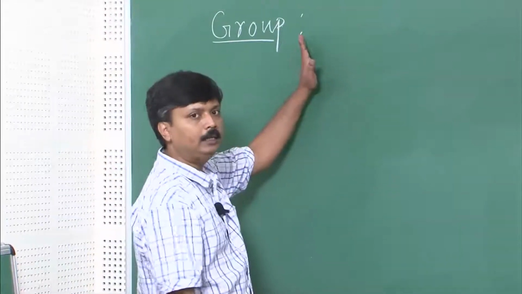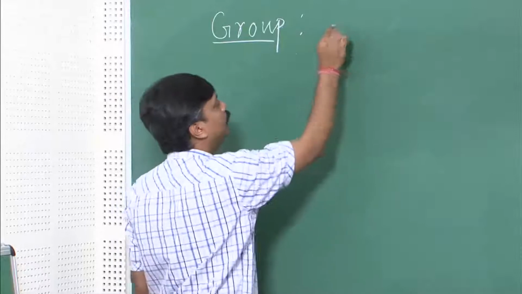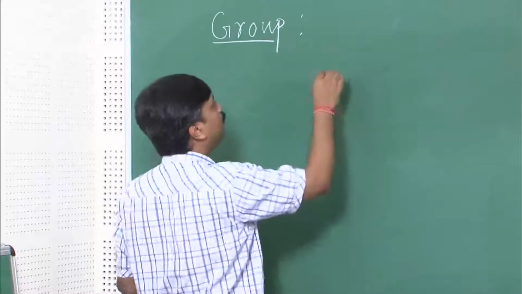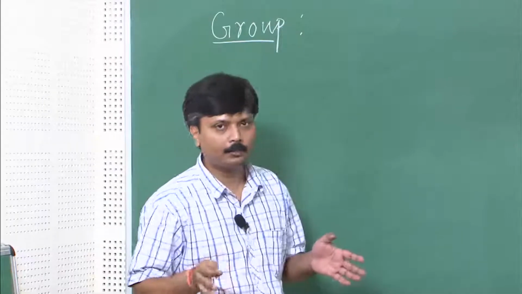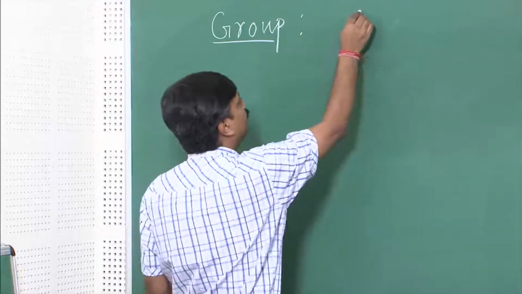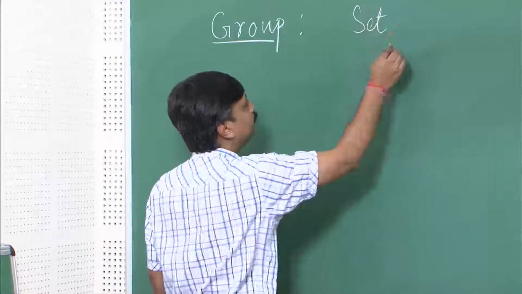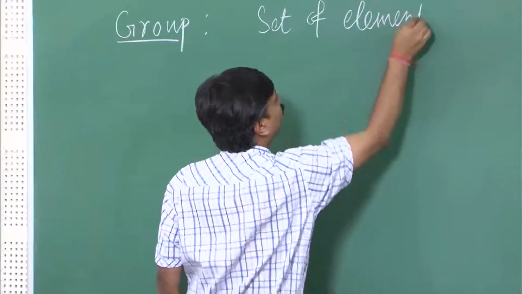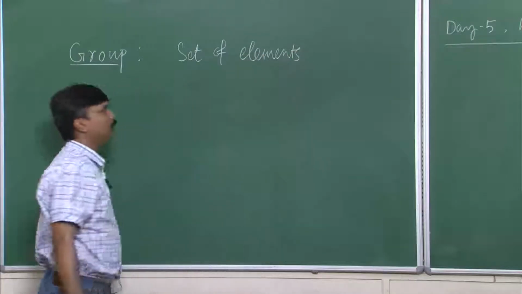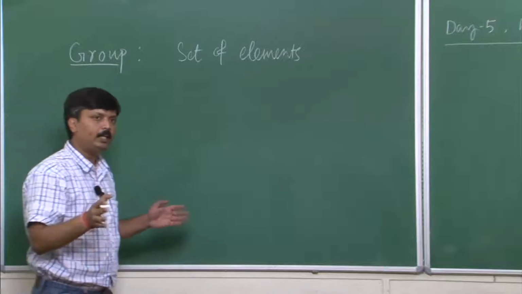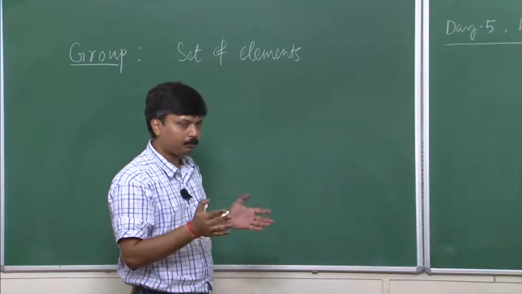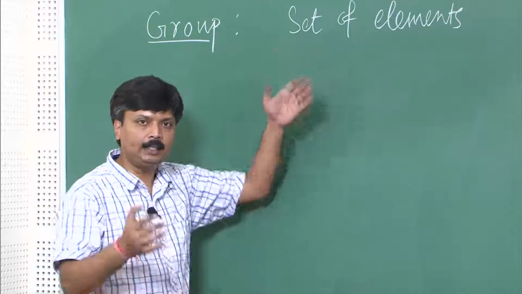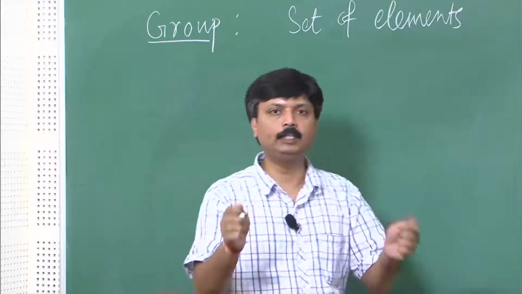A group is a collection of objects, or a set of some distinct objects. So I can say it is a set of some elements, okay. So a set of elements can form a group. Now I hope all of you understand what is a set. A set is nothing but a collection of some distinct objects, okay.